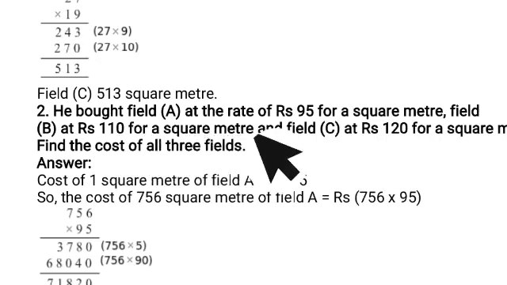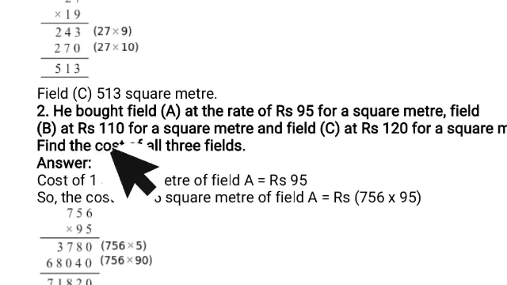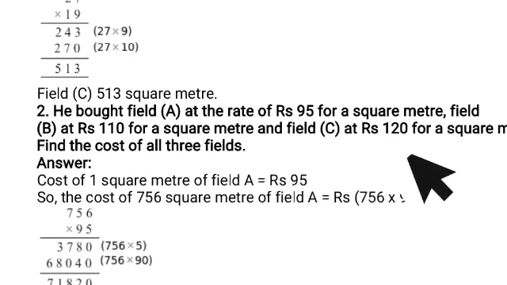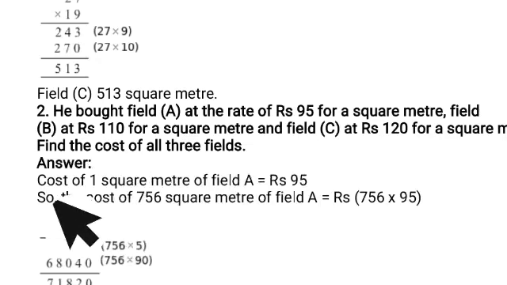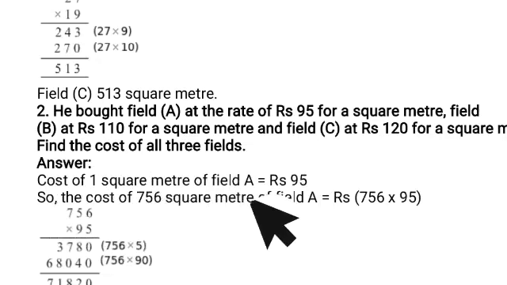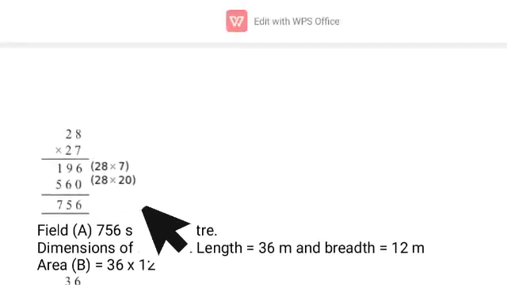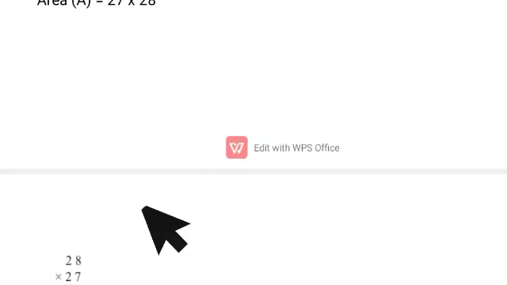He bought field A at the rate of rupees 95 for a square meter, field B at rupees 110 for a square meter and field C at rupees 120 for a square meter. Find the cost of all 3 fields. Cost of 1 square meter of field A equals rupees 95. Cost of 756 square meters for field A. Why 756? क्योंकि field A का area क्या मिला था हमें यहाँ पर?